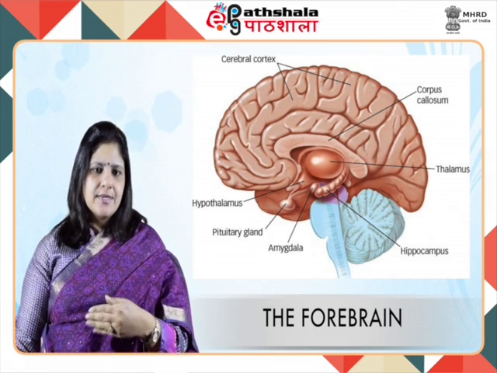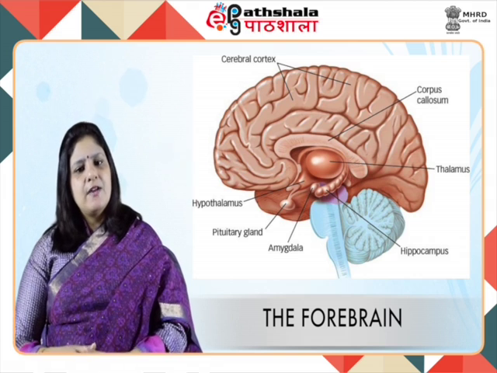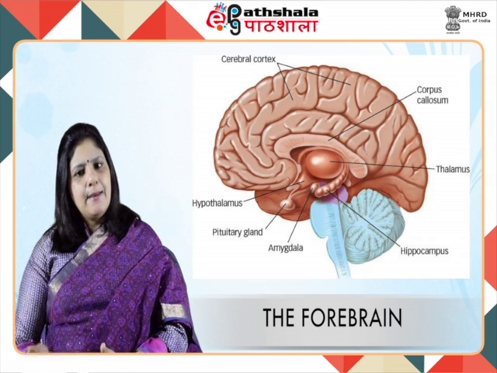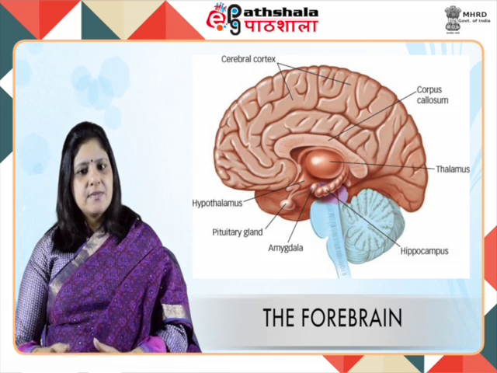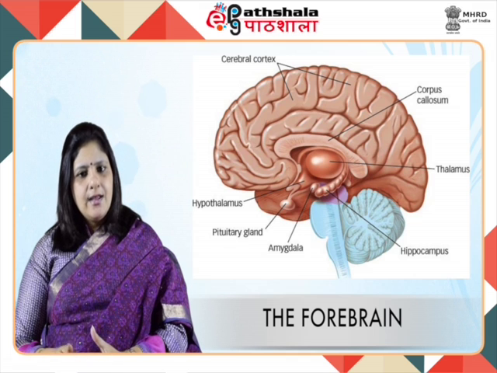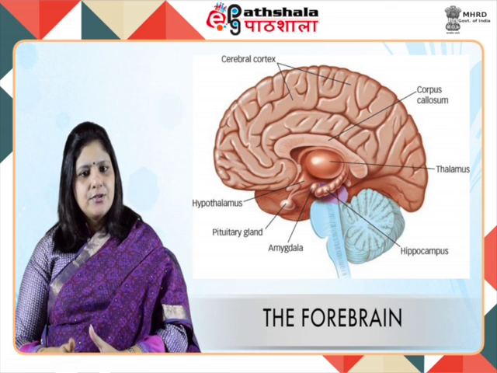First is the thalamus. The thalamus is located above the midbrain, just on top of the brainstem. The basic function of the thalamus is to organize inputs from sensory organs and then route them to the appropriate areas of the brain. It sorts and relays incoming information to the different parts of the forebrain. For example, information coming from the cerebellum is often relayed to the motor cortex, to the cerebral cortex.